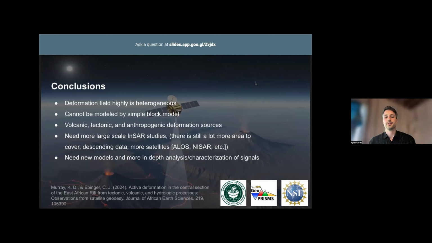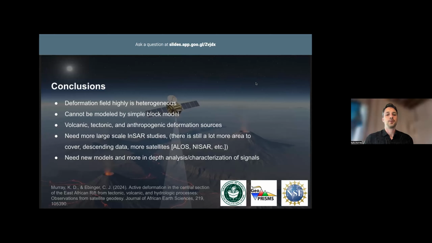We're also going to need multiple sources of data. There are issues with having a single wavelength that is always interacting with the vegetation. All the Sentinel data is C-band.